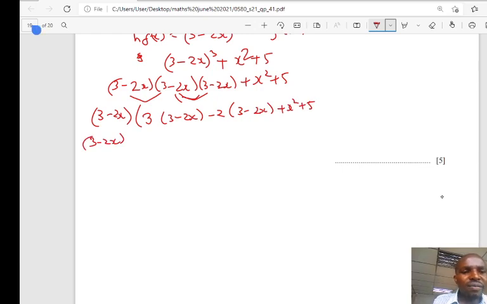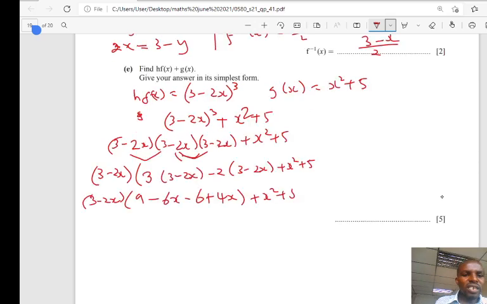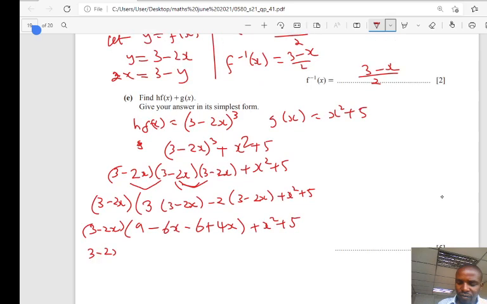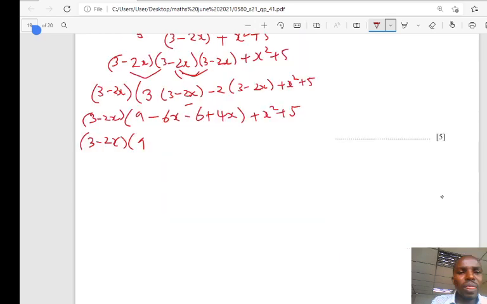This one will be 9 minus 6x minus 6x plus 4x squared. Simplifying, 9 minus 6x minus 6x.